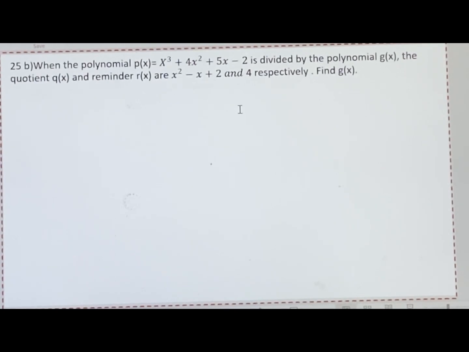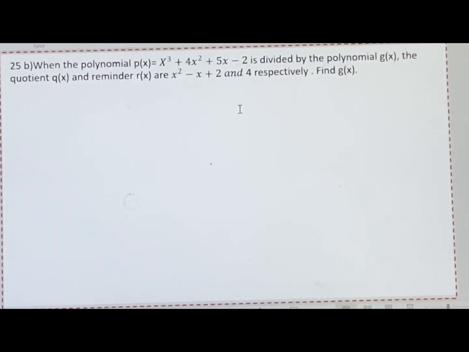When the polynomial p of x, x cube plus 4x square plus 5x minus 2, is divided by the polynomial g of x, the quotient q of x and the remainder r of x are x square minus x plus 2 and 4 respectively. Then find the g of x.